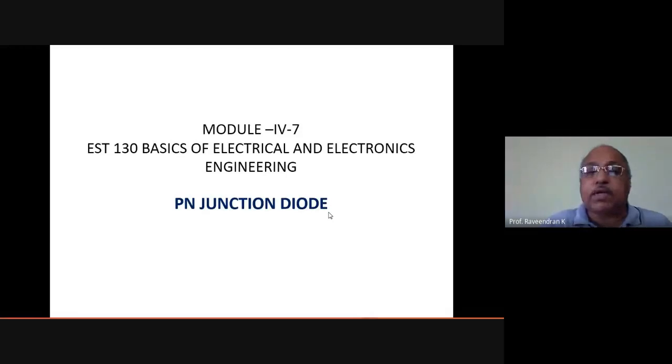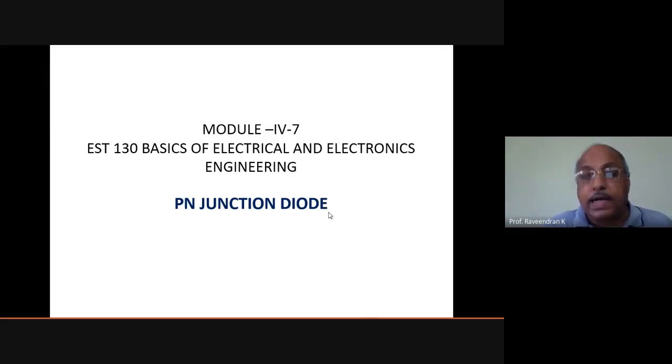That junction formed by p and n-type semiconductor materials makes a p-n junction, and it is very widely known as a p-n junction diode.